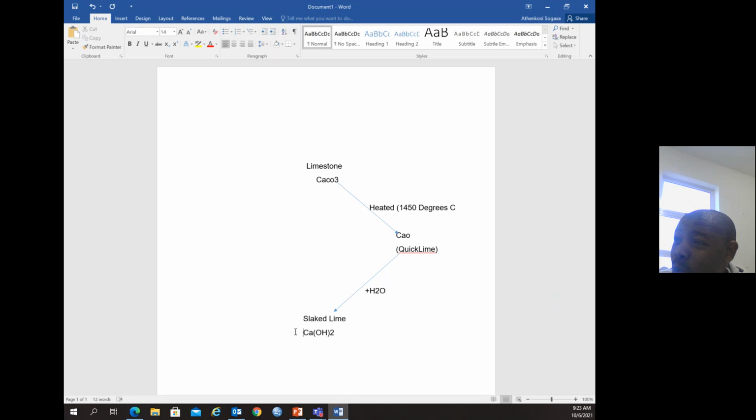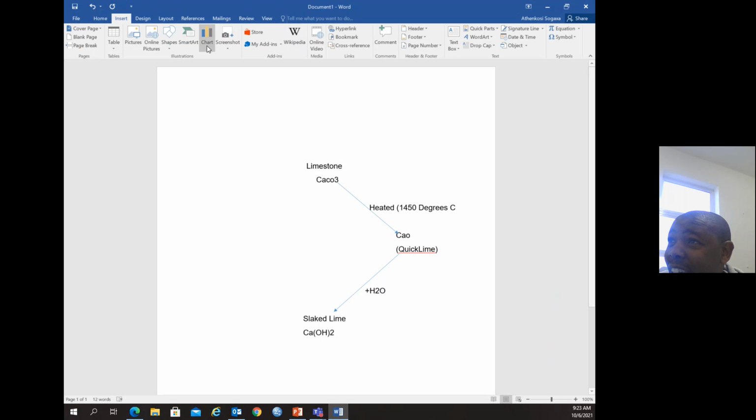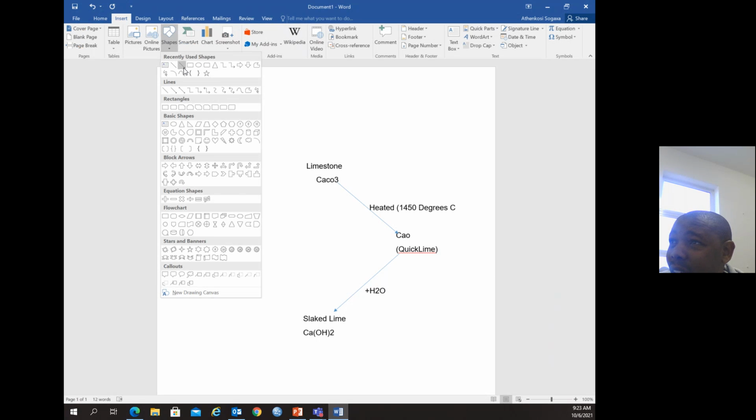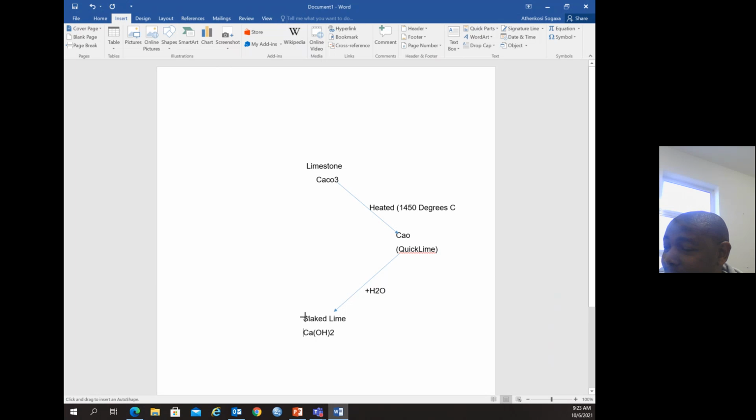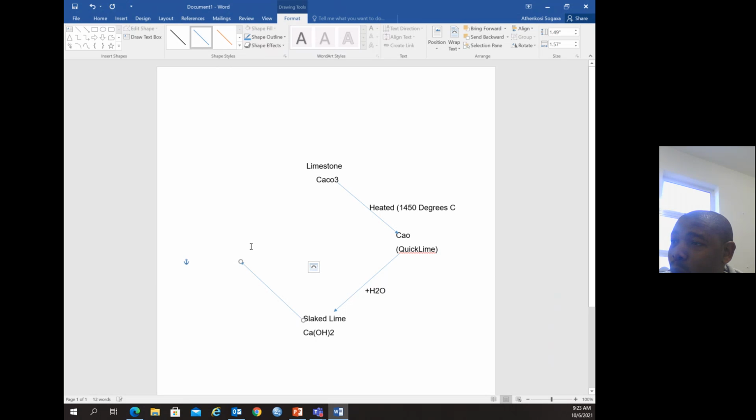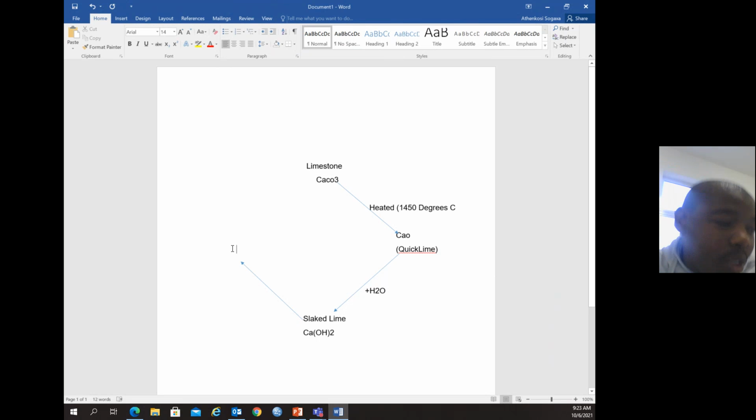Then in the lime cycle, if there is an addition again of water to the calcium hydroxide, you add more water, which means you achieve lime water.